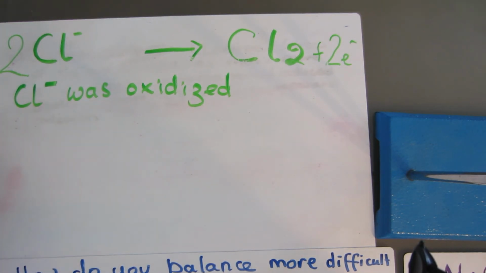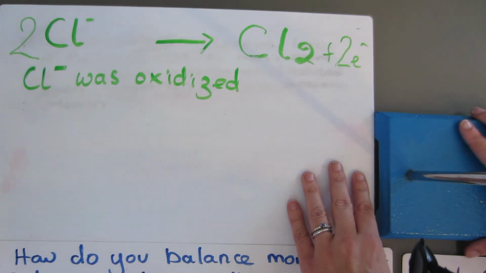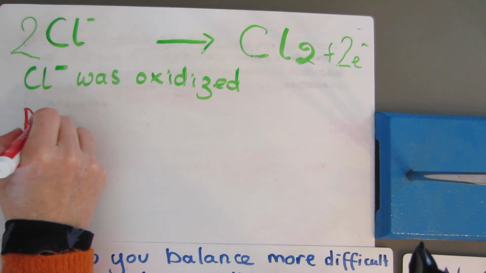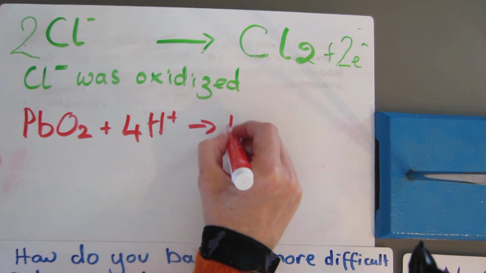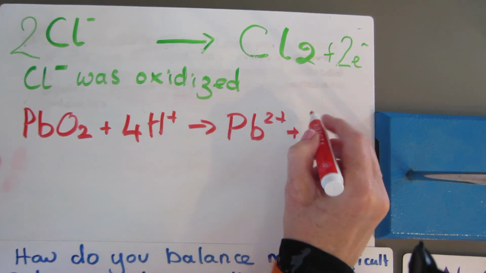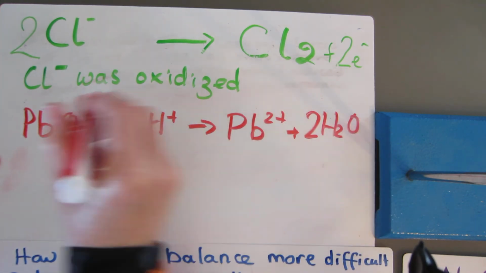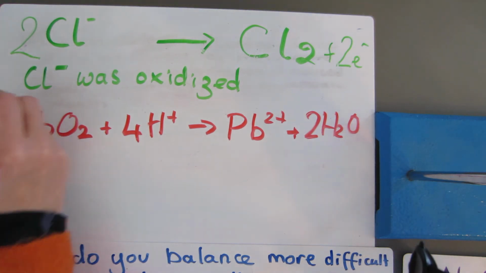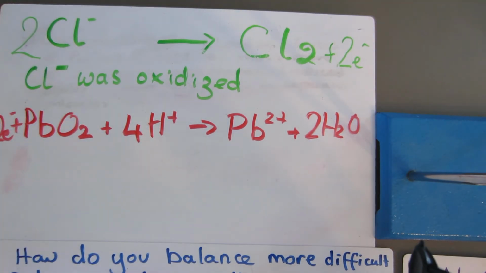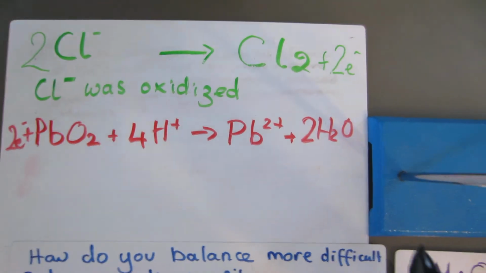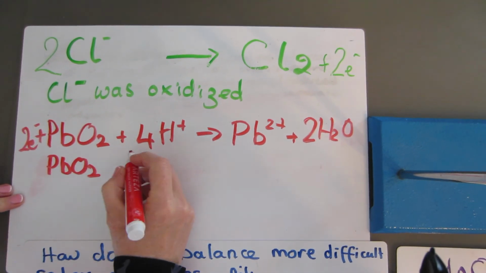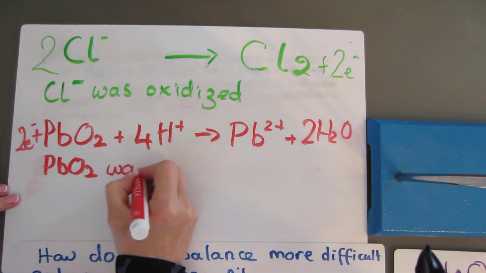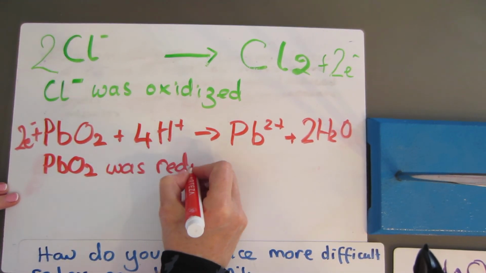Now, if we write down our other half equation from the previous, PbO2 gained electrons, was reduced.